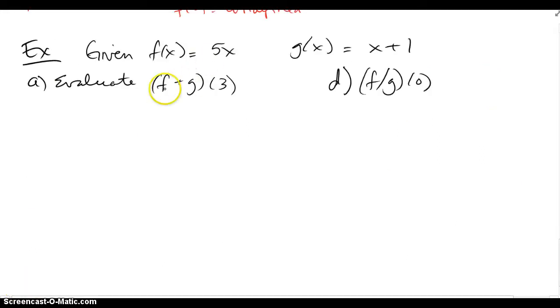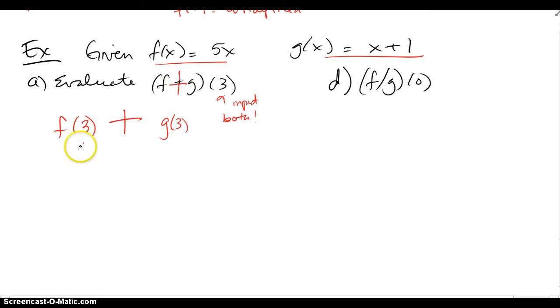Okay, remember function notation. Given these two functions, evaluate first f plus g of 3. Well, the 3 is an input for both. So I'm looking at f of 3 and also g of 3, and then when I'm done, I add those two values.